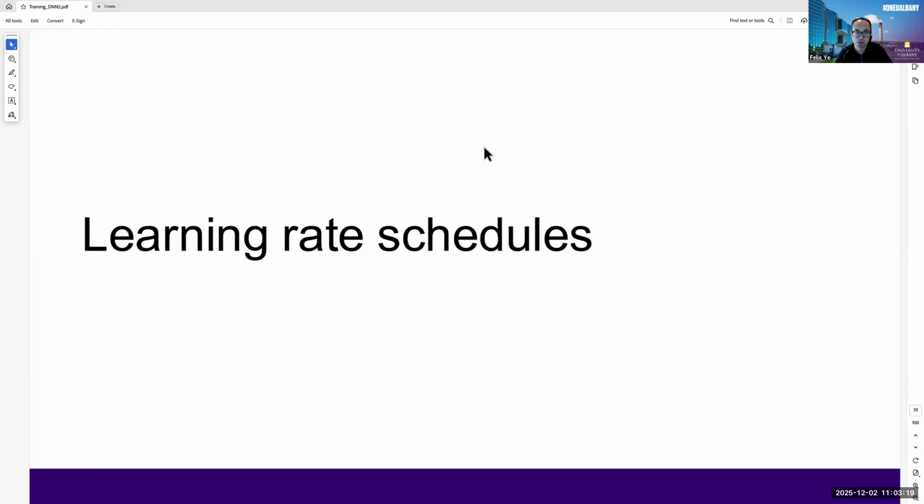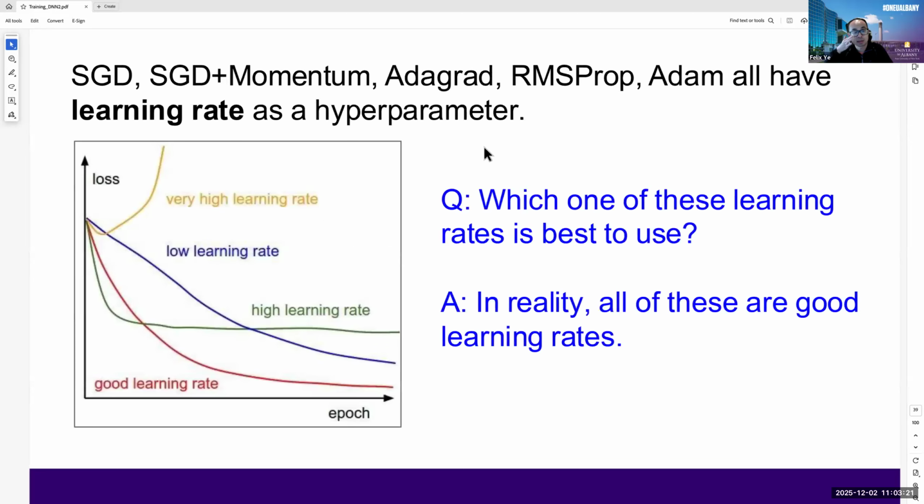Learning rate schedules are also extremely important, because learning rate tuning will make a huge difference in performance.